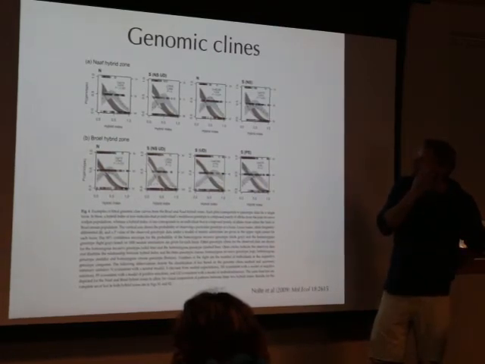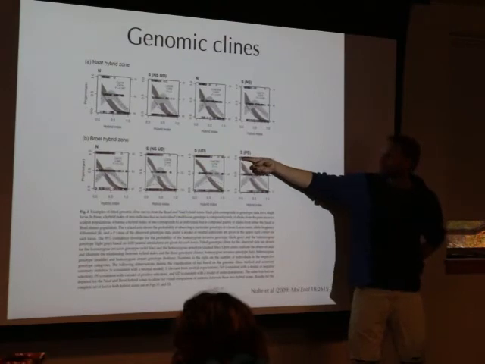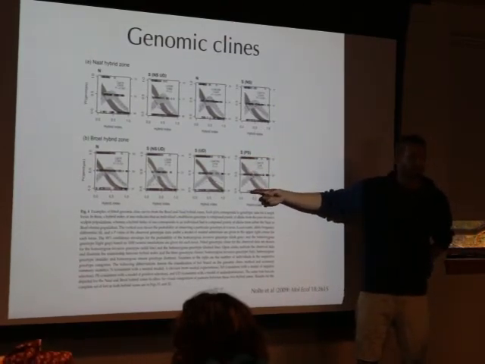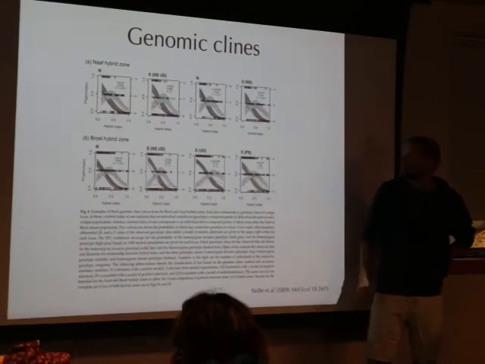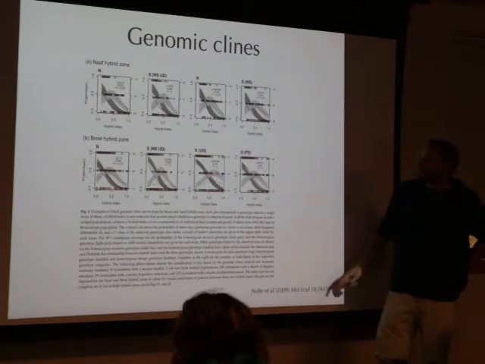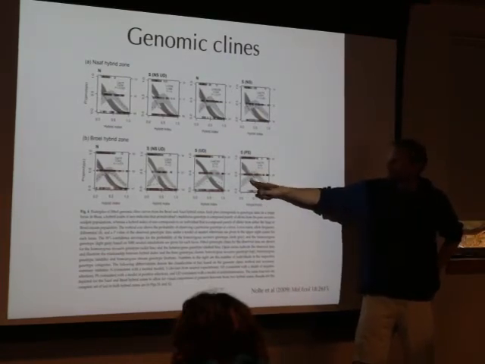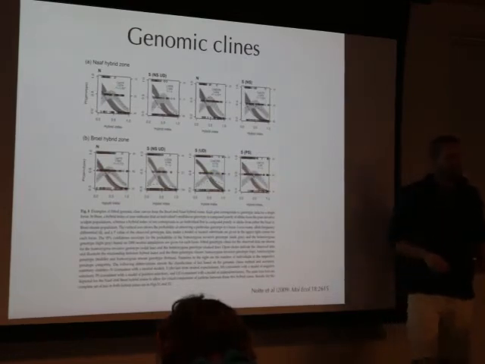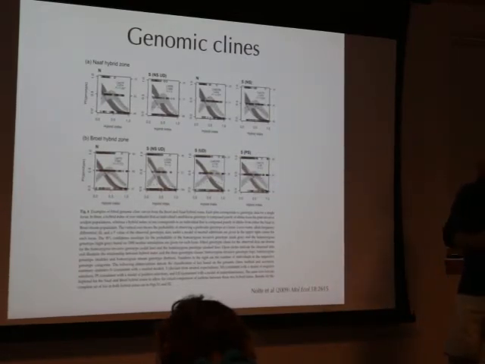You can see all of these individuals are either homozygous for one allele, a heterozygote, or homozygous for the other allele. If you fit a curve to these data, the solid line and the dashed line are the empirical data, and the light gray and dark gray are the neutral expectation.